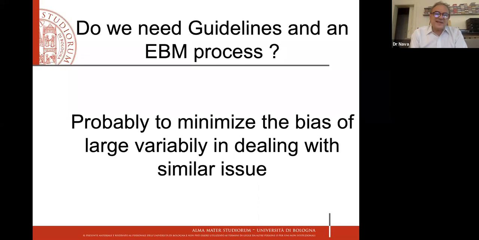Well, I ended up thinking that the meaning of every guideline is probably to minimize the bias of the large variability in dealing with similar issues. This pertains to medicine, but not only medicine. And I will start with this example.